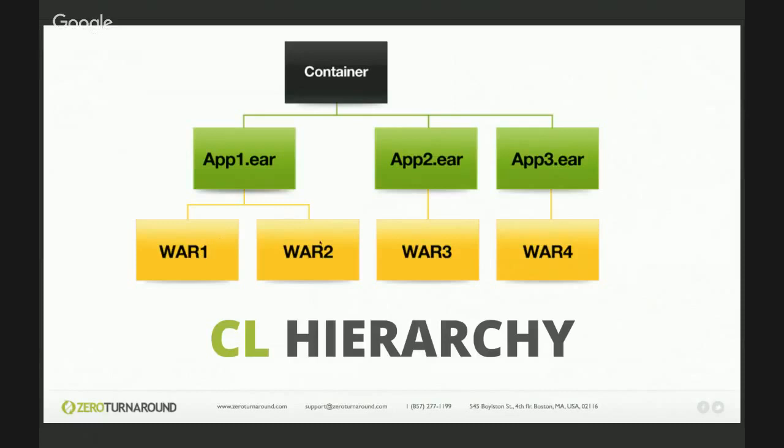Then if we had a number of web archives inside that ear, for each war we would have a web class loader. So here we're starting to see our structure. And what we would expect to see is our web class loader delegating up to our application class loader, and our application class loader delegating up to our system class loader, or our container class loader. And that would be beautiful if it all did that.